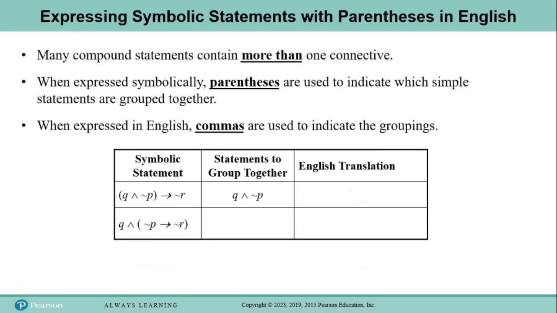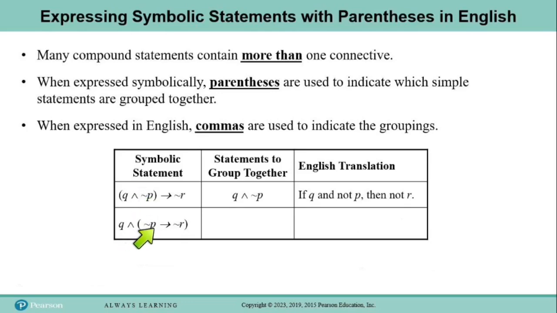So when we do the English translation, we are going to put a comma where the parentheses end. So, and notice that this is an if-then connective. So we're going to say if Q and not P, comma, then not R. You see the comma goes at the place where the parentheses closed.